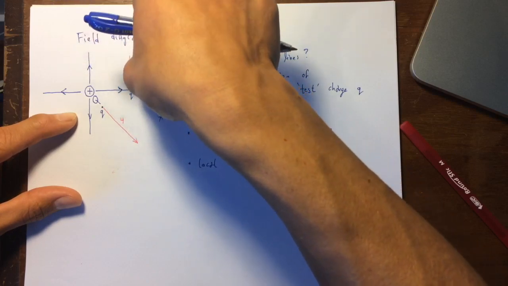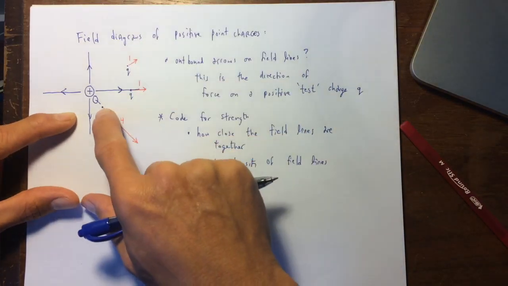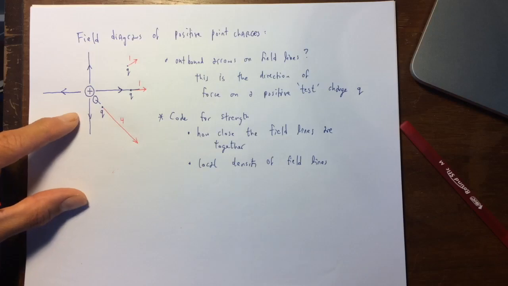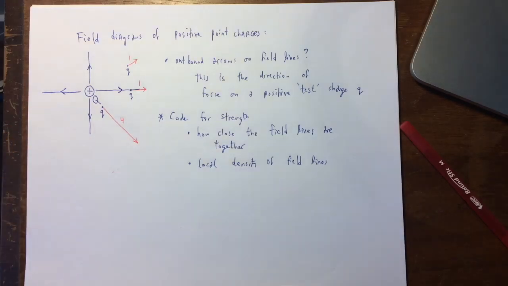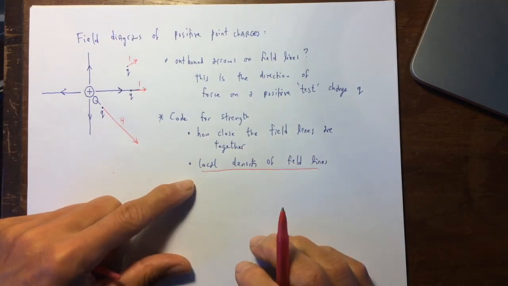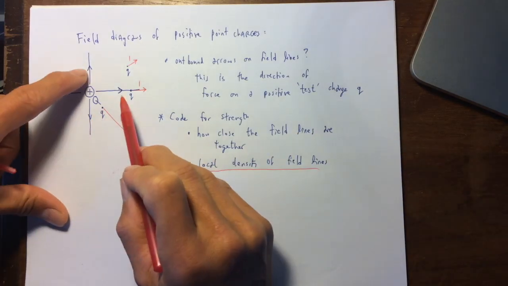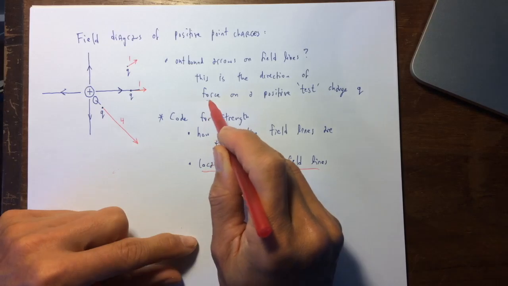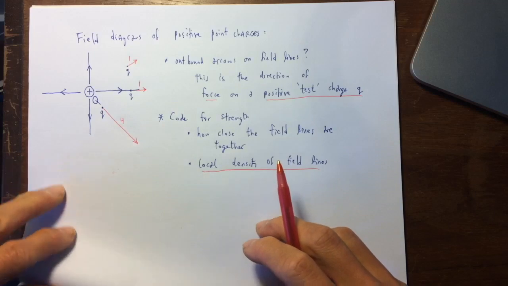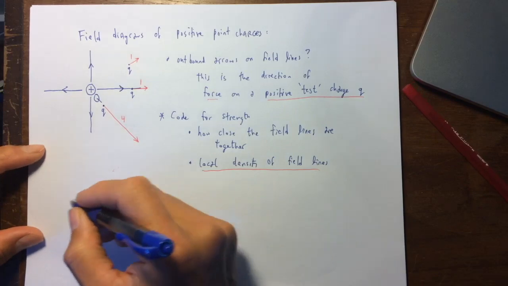So you'd say this is a low density of field lines, exhibits a weak field strength, and close in I have a high density of field lines, so that's a strong place in the electric field. So the code for the strength is the local density of field lines. Right, and the arrows or directions are the direction of force on a positive test charge q. So let's move on, and actually I'm going to just do it here.